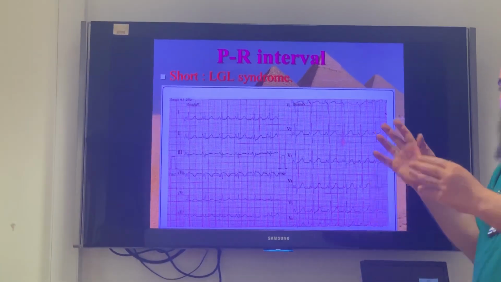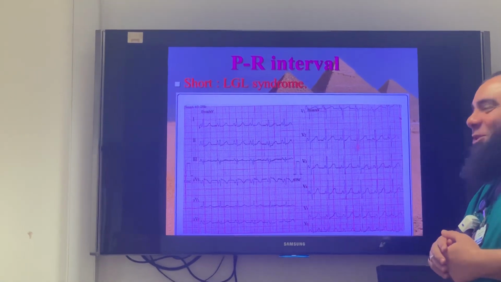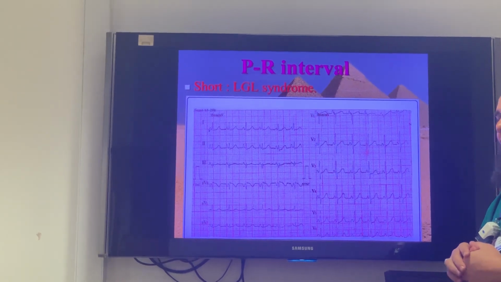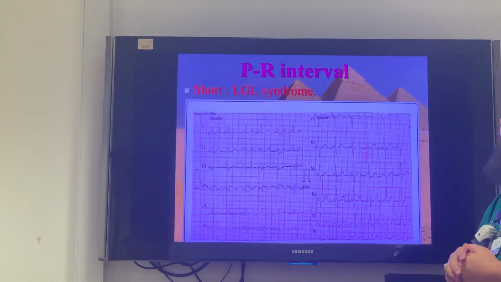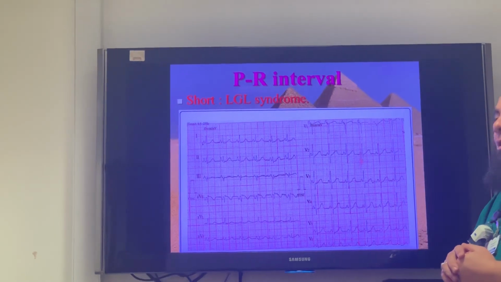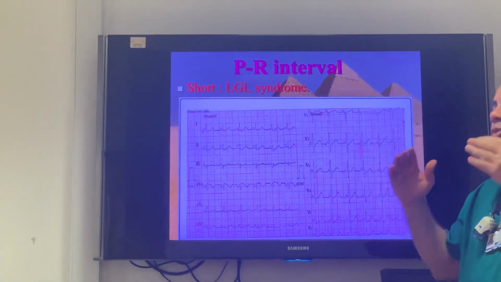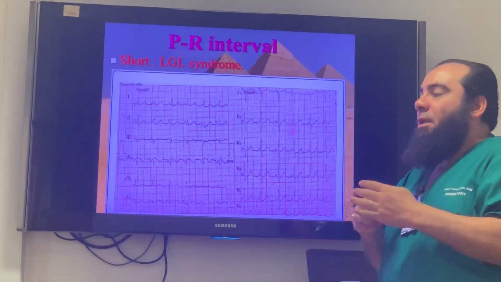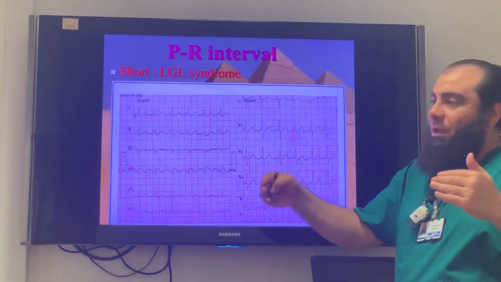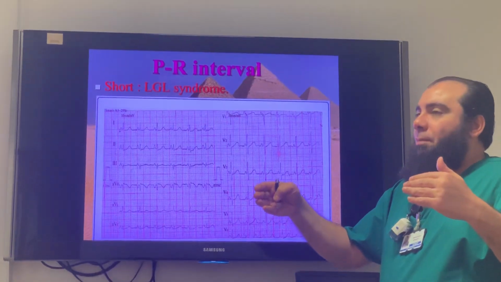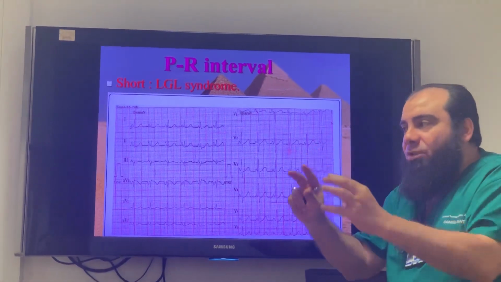You'll never get it, because it's not usually seen and it's not in discussion mostly. So LGL is similar physiologically and treatment-wise to WPW. The difference is that WPW has an accessory pathway, and this accessory pathway makes what I just explained.